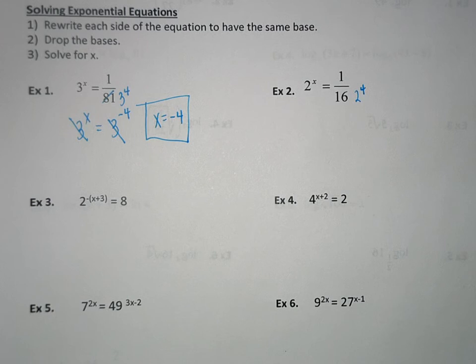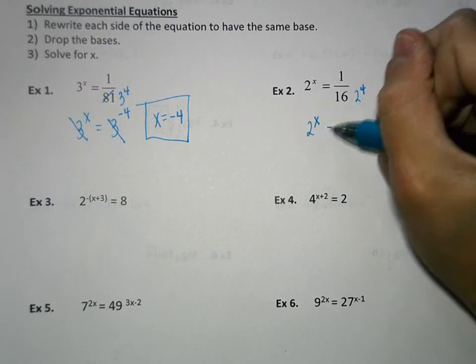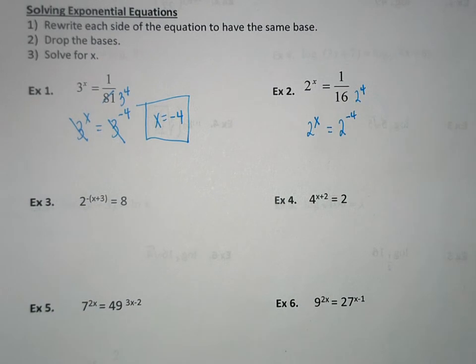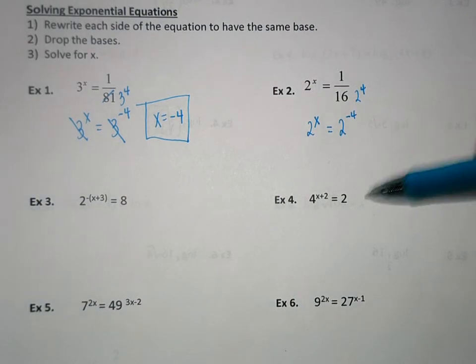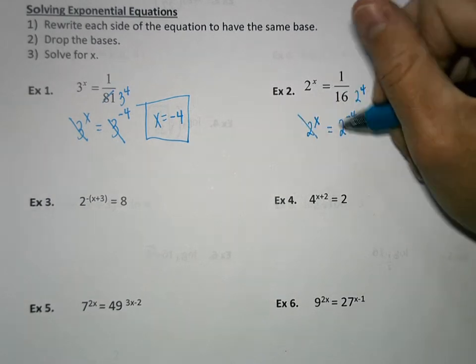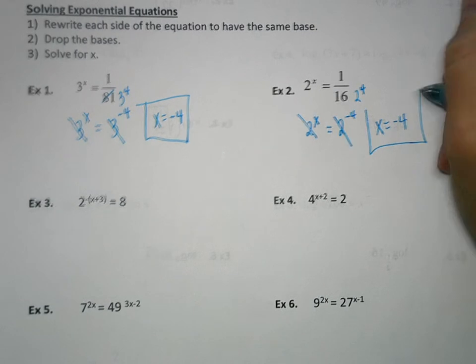Okay, so the next question is, how can I make these at the same level? What do I do in order to put the 2's at the same level? Put 2 to the x power equals 2 to the negative 4th power. Perfect. So anytime we bring them up, we get a negative or a positive depending on how you're moving these. And now that we have like bases, we can cancel out the 2's and x does equal negative 4.